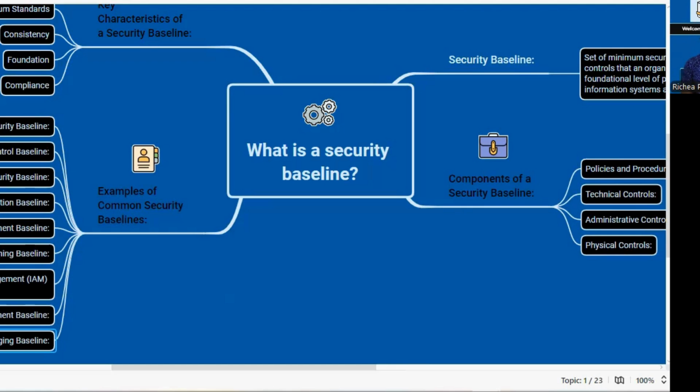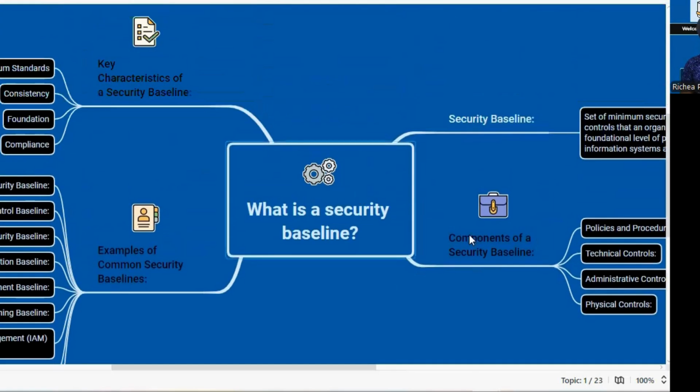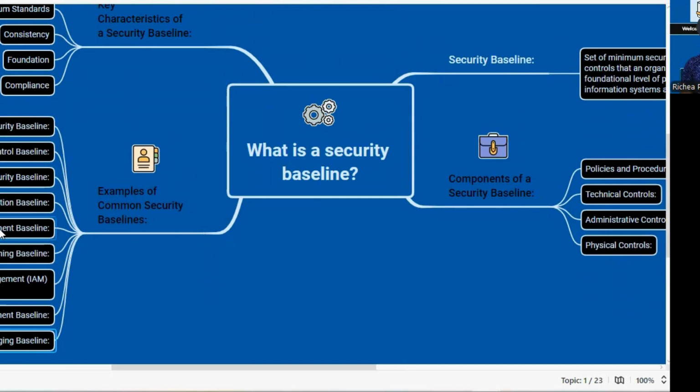Compliance, ensuring adherence to regulatory and industry standards. Efficiency, providing a structured approach to security and making it easier to manage and scale. And also consistency, ensuring that all parts of the organization maintain a minimum level of security. So these are very important to be aware of.